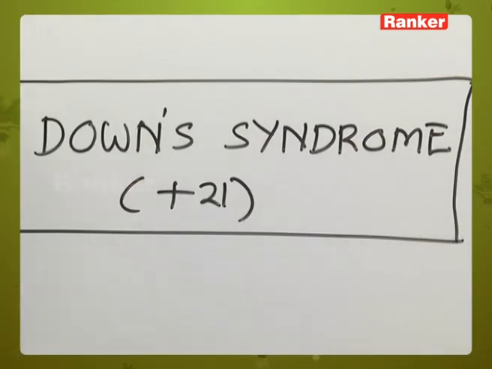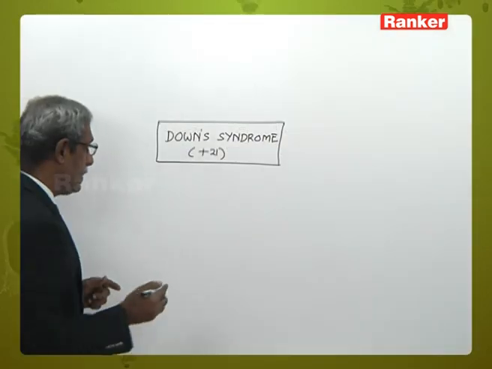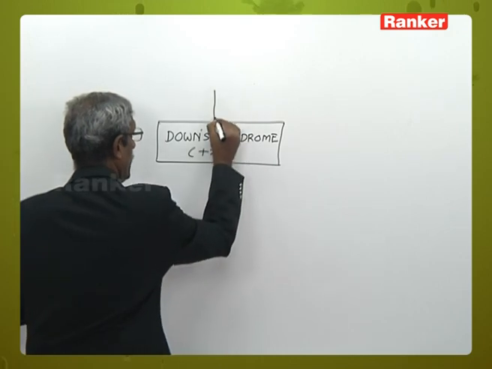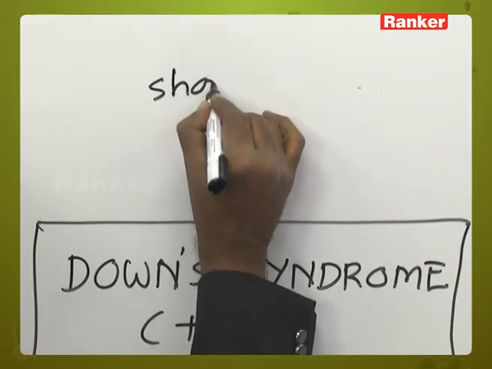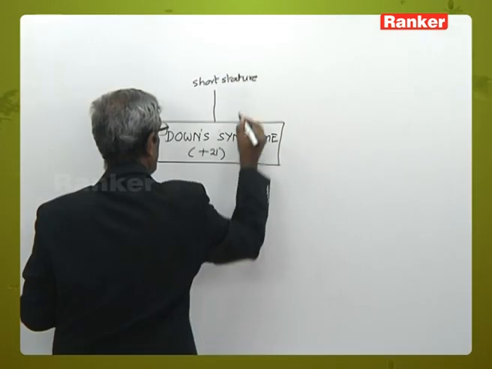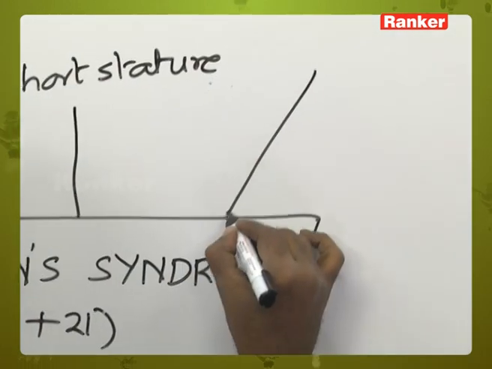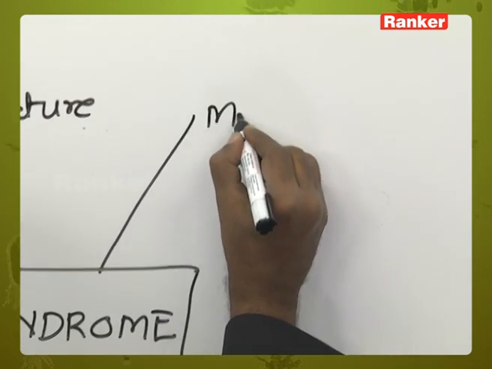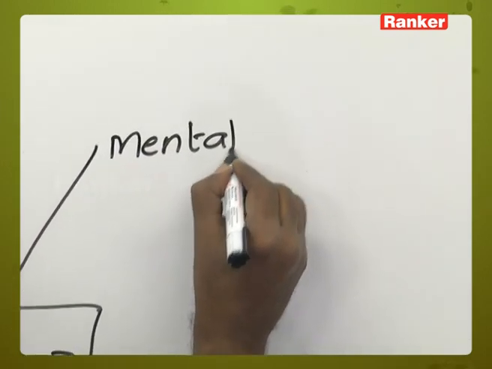The phenotype of people with Down syndrome is they show a short stature. Again, people who inherit Down syndrome have mental retardation.